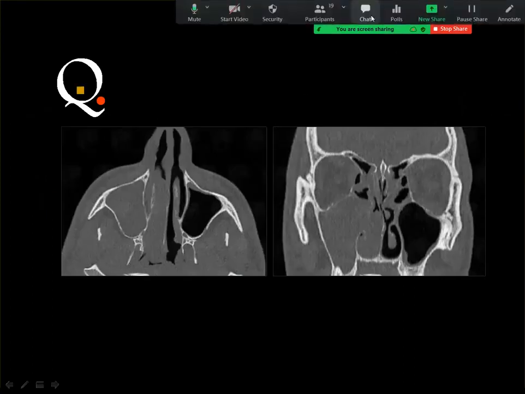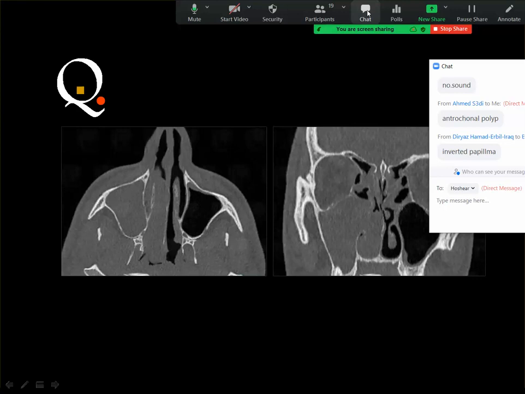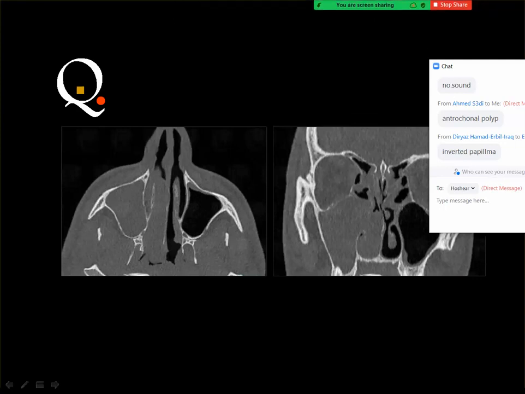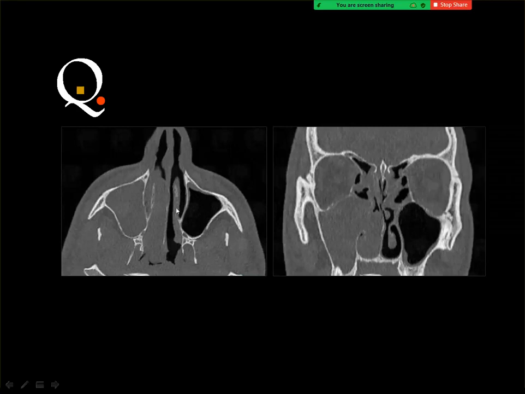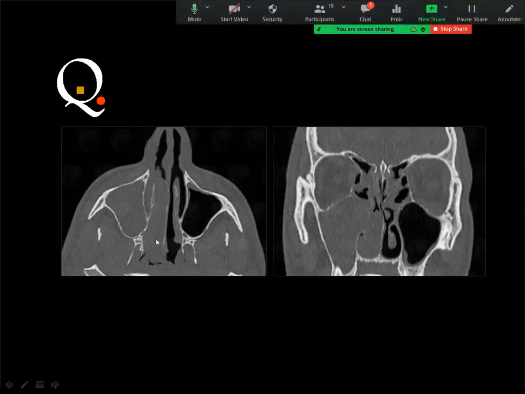And next case is a maxillary sinus with an opacification. Yes, and this is inverted papilloma. Our anteroconal polyp is right, but inverted papilloma is not, because in inverted papilloma you should see that the nose is expanded but the sinus is not. And if the sinus is expanded compared to the opposite side and the ostium is wide and the nose is not expanding, then you are dealing with an anteroconal polyp.